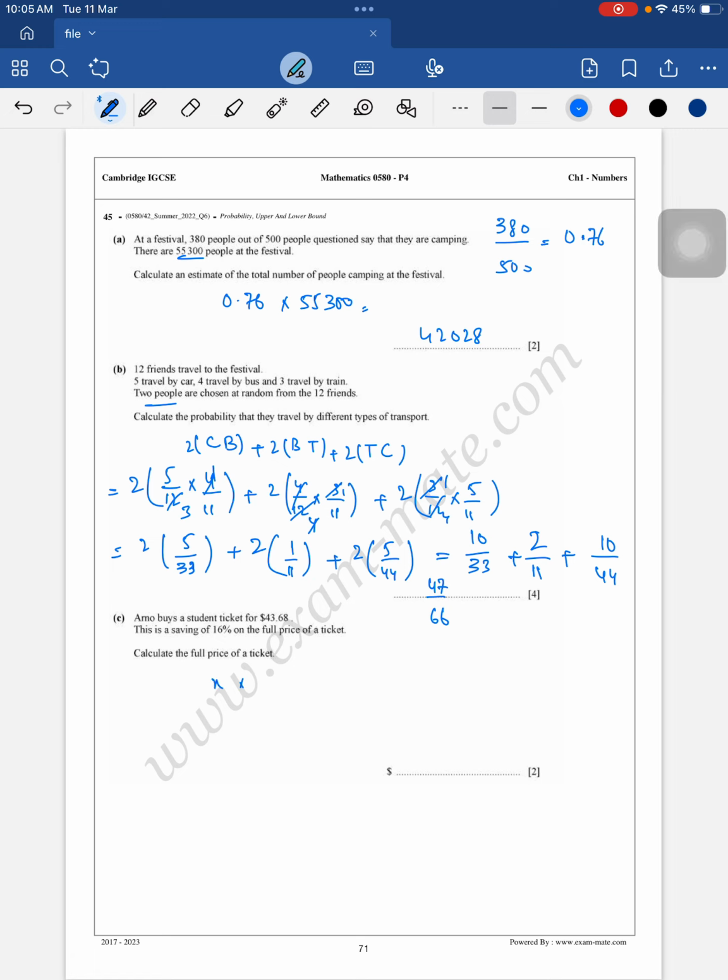So it means that she has paid 84%. 84% is 43.68. So to solve, we multiply by 100 and divide by 84. So 43.68 multiplied by 100 divided by 84, we get 52.